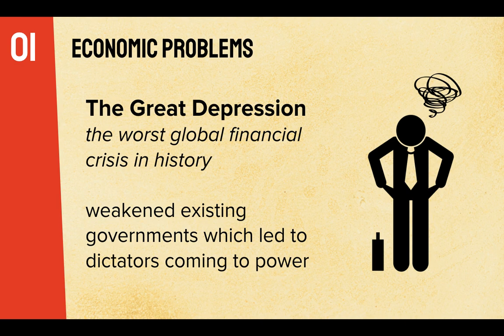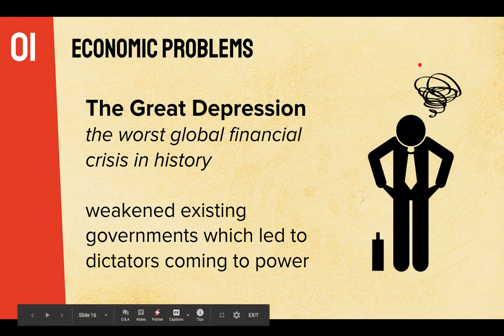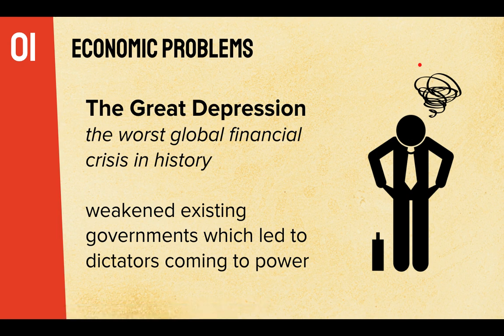And so what happened is, people like our little stick figure here no longer have any money and think, man, my government has really not helped me thrive in this environment. And so if these democracies in the world can't stop this stuff from happening, who else can maybe lead a little bit better?